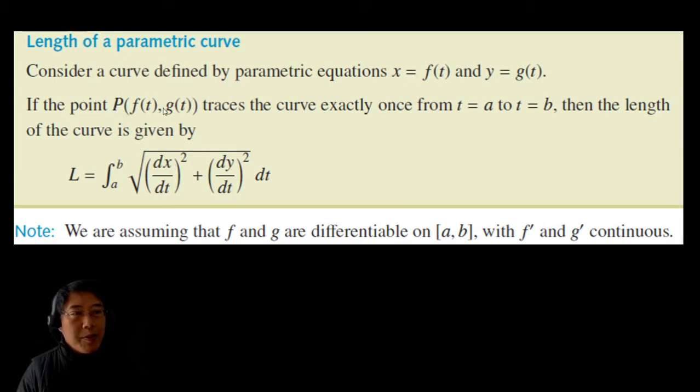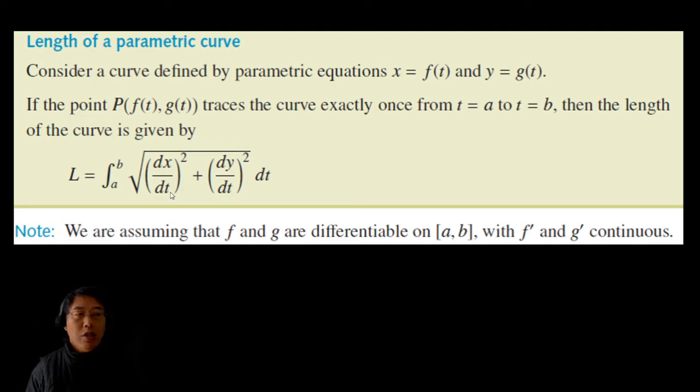Point P has the respective coordinates. It represents a curve. Now, the interval you're looking at is t again. It's time, so it's from a starting time to an end time. When you apply to find the length of the curve, the function you apply is from t equals a to t equals b. So it's in terms of t. And what you do is square root of the sum of the square of the derivatives.